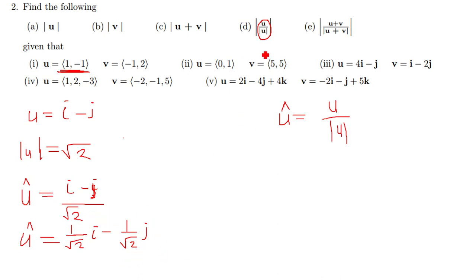So now we've been told, after finding this, to find the magnitude of this unit vector. In other words, the magnitude of this is simply the magnitude of that. To find the magnitude of the unit vector of u, let me do this so that at least you see what I'm talking about.